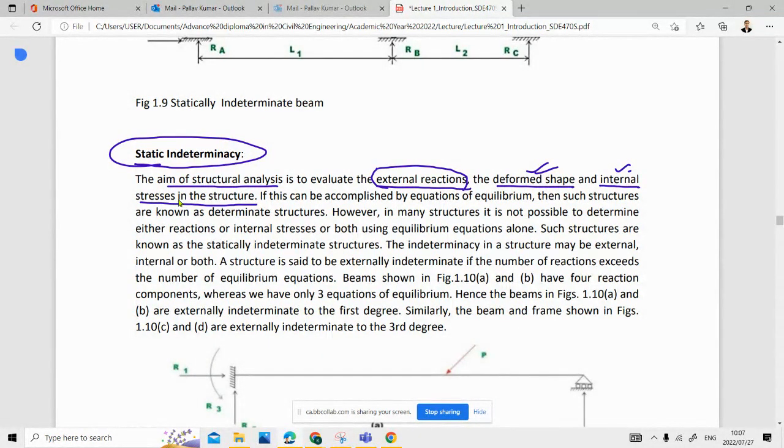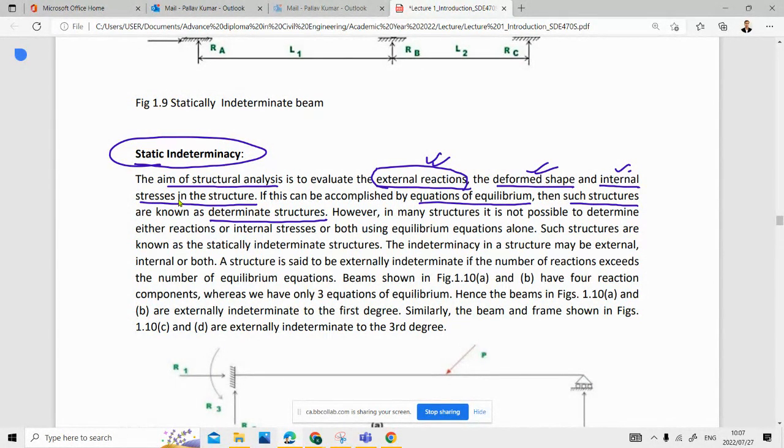And if this can be accomplished by equations of equilibrium, then such structures are known as determinate structures. So if you can find all these three things with the help of equilibrium equations, then that structure is statically determinate, right?